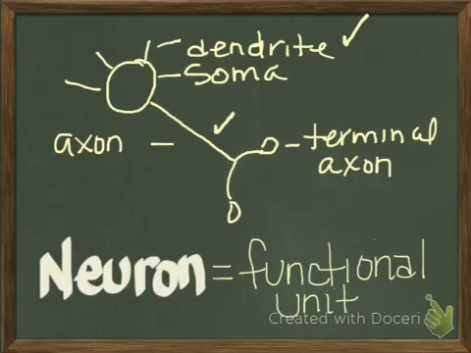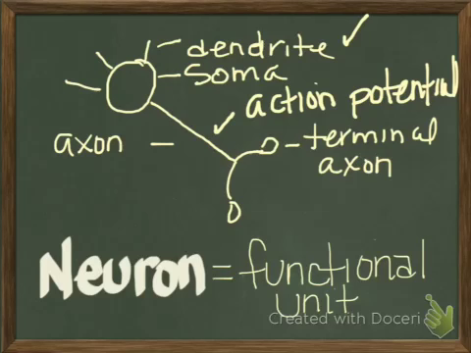Axons are a long process that generates the electrical stimulus known as an action potential. Okay? That action potential then travels to the terminal axon, and from there the terminal axon can then stimulate the next neuron.